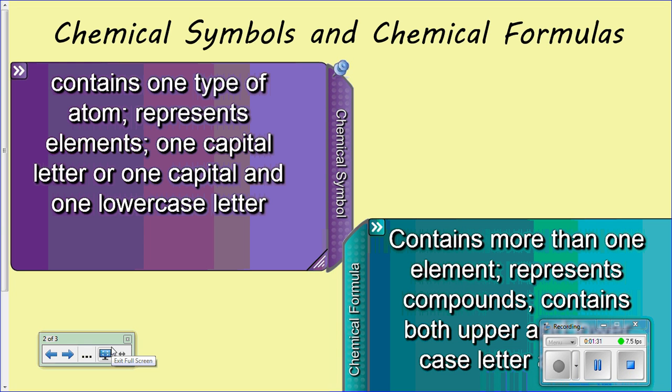Chemical symbols and chemical formulas. A chemical symbol contains one type of atom because it represents elements. A chemical symbol represents an element and has one capital letter or one capital and one lowercase letter.